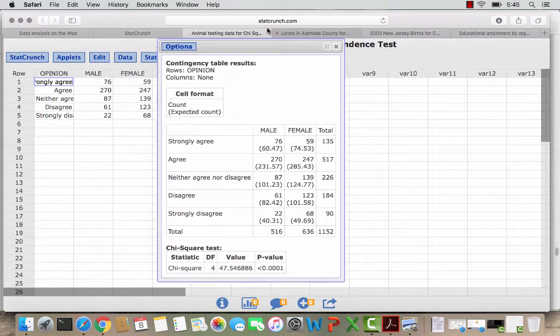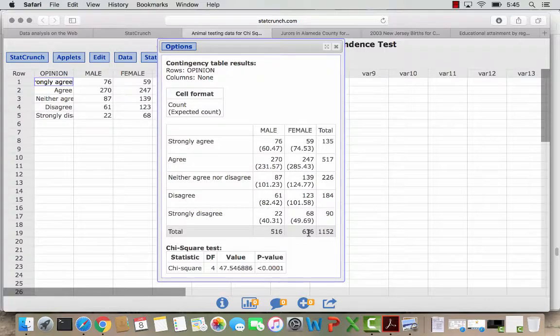And so what we're shown here is our data that we observed, and then in parentheses, we get what we would expect if both groups were equal. So you could double check, 60.47 out of 516 is a match proportion-wise for 74.53 out of 636.